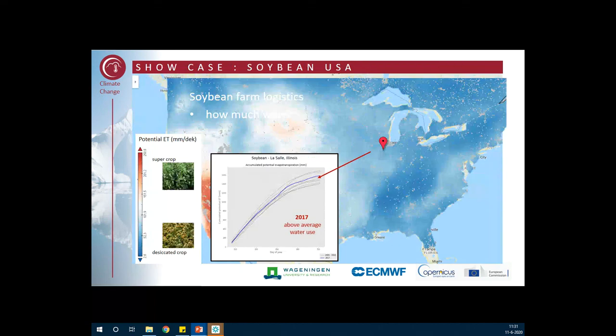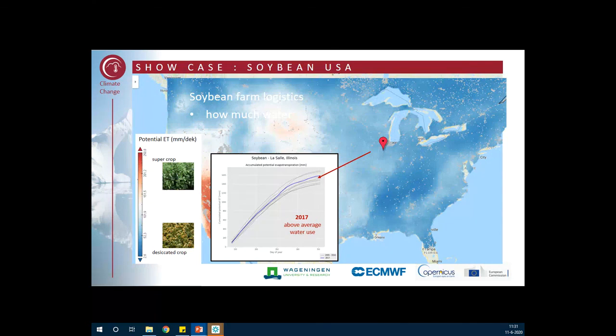So a similar kind of map and similar kind of use. Again, the absolute values are maybe not that precise, but again the interannual dynamics are very relevant, and we can easily see whether in a specific region or a specific moment in time crops are or have been using more water than previous years or less water than previously.